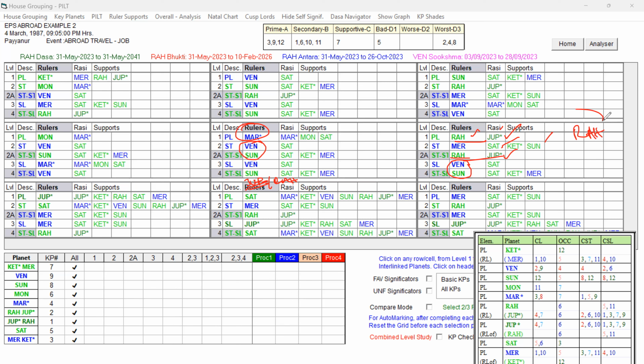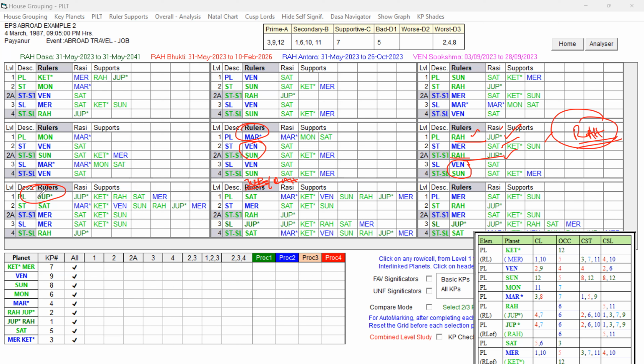Whenever Rahu, or the source planet itself, is a good key planet, then definitely if the Antara is Rahu, its role is important in the ruler of the Antara. And apart from that, other favorable key planets. In that case, you can see which has Rahu and Jupiter.